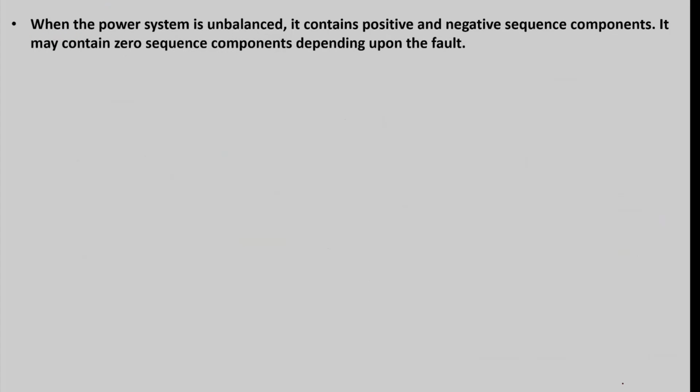Now, when our power system is unbalanced, it definitely contains both positive and negative sequence components. But depending upon the fault, zero sequence components may be present or absent. In a few faults they will be present, in a few other faults they may be absent.